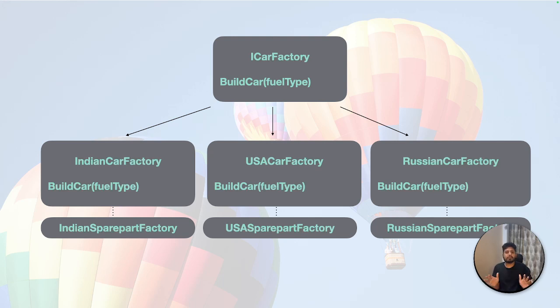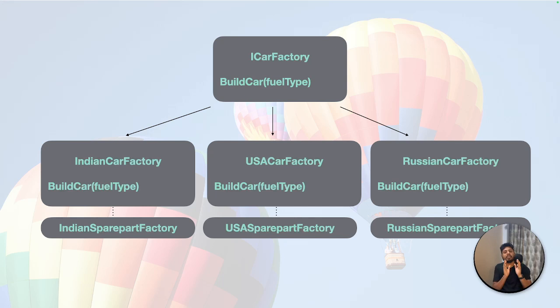The only responsibility of that spare part factory would be supplying all the spare parts that the car needs. So if we create that separate factory and just give them a requirement that I need an engine for petrol fuel, the responsibility of this factory would be giving the correct engine for that fuel, right?